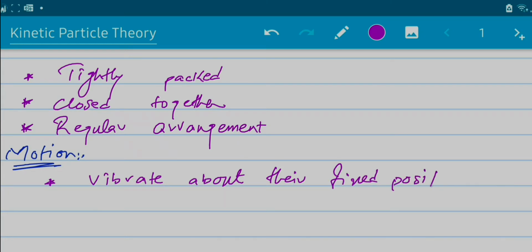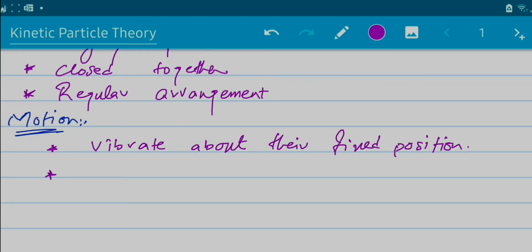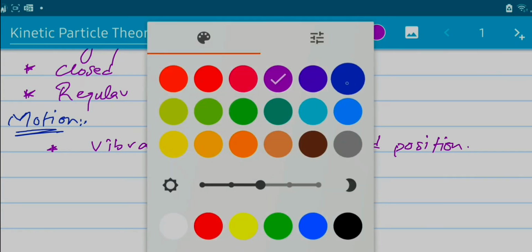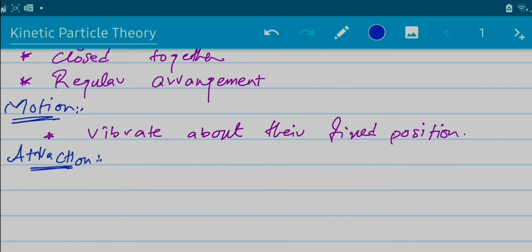You have to remember this whole statement and write it as a statement. All in all, the second one is they have force of attraction. This comes under the category of attractive forces. So they have strong force of attraction.